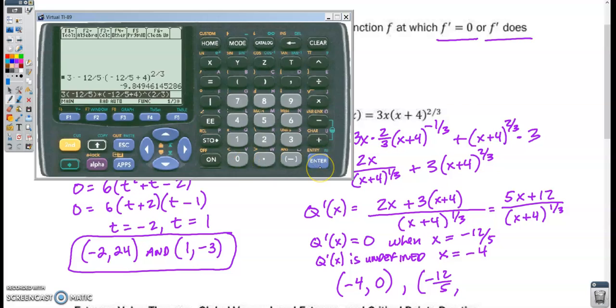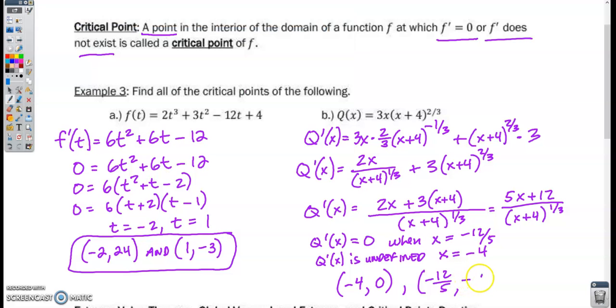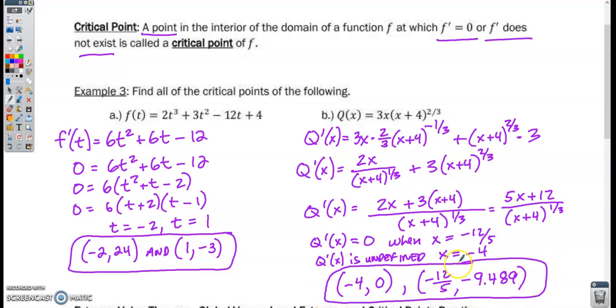And let's see what I get here. Negative 9.849 is going to be my y coordinate. And I'm just going to write that as the decimal. So those are my critical points. So that's what critical points are and how we find them. And you're going to go through a process similar to that anytime that you're finding a critical point.